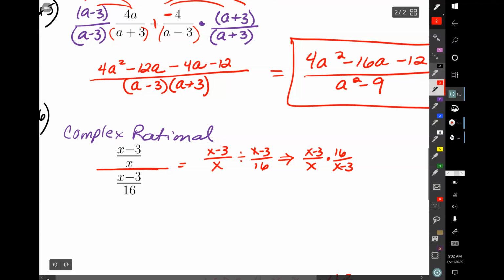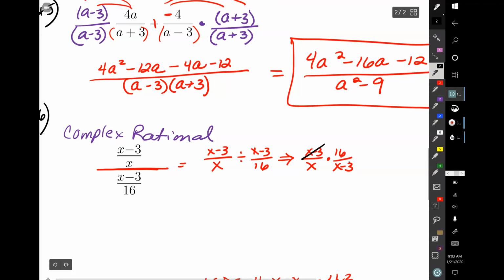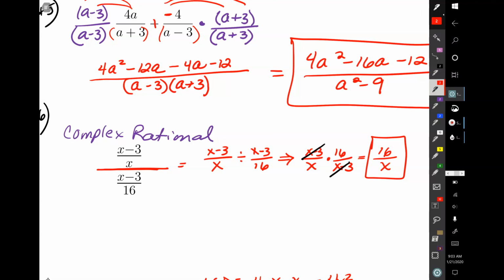And then I could just reduce the x minus 3's, and that leaves me with 16 over x, which is a really good method for this one. It works out really simply. I am going to show you a different method just so you can learn it.